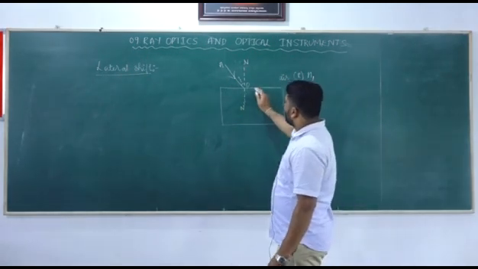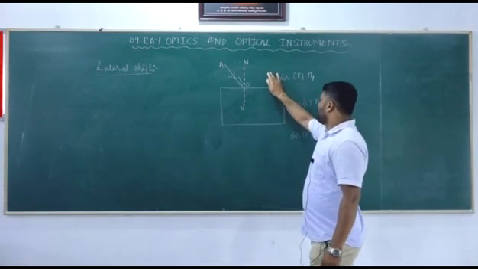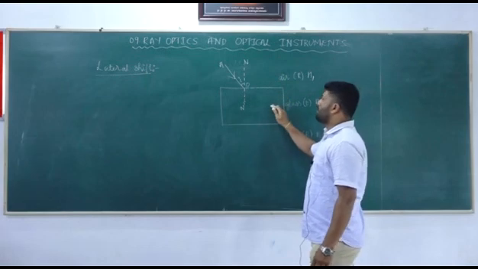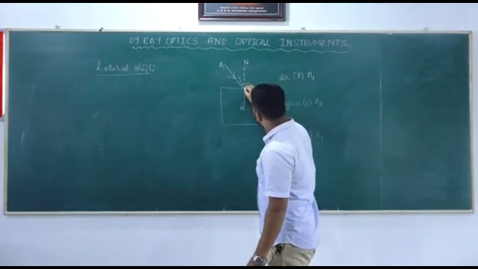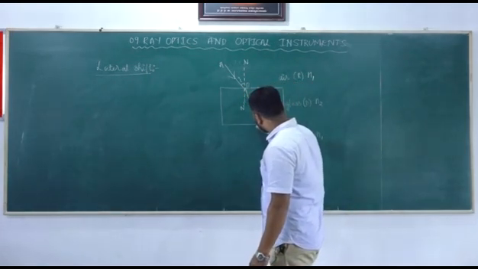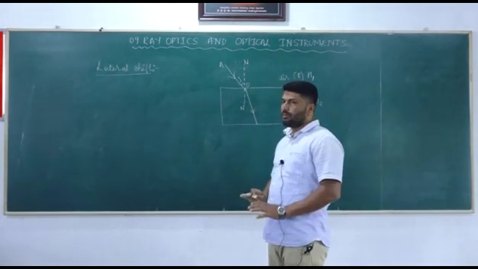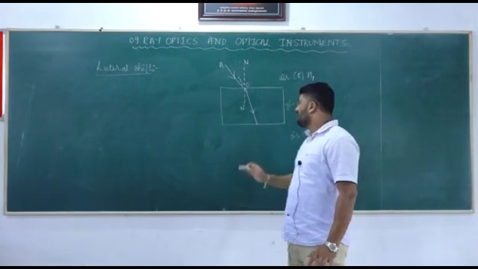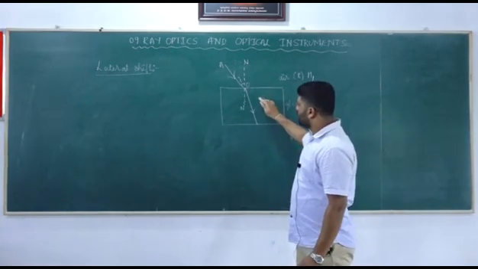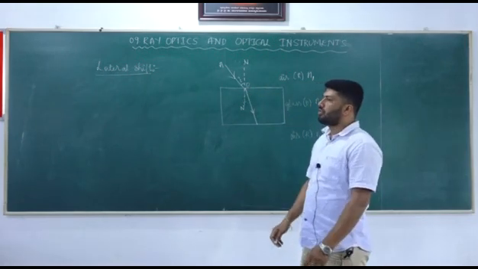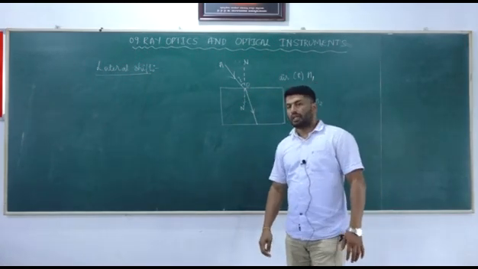Now when light travels from air to glass medium, from the rarer medium to the denser medium, it bends towards the normal. Within the same medium there is no refraction. In the glass medium there is no bending, and it passes straight due to the rectilinear propagation of light.